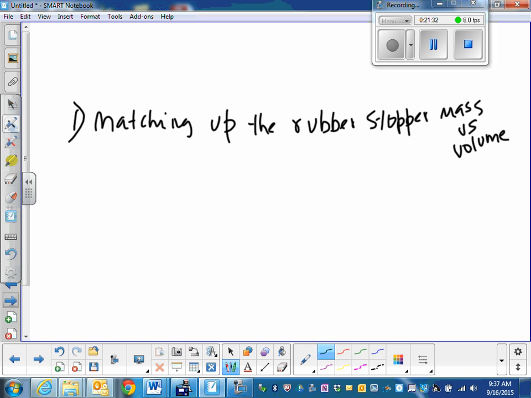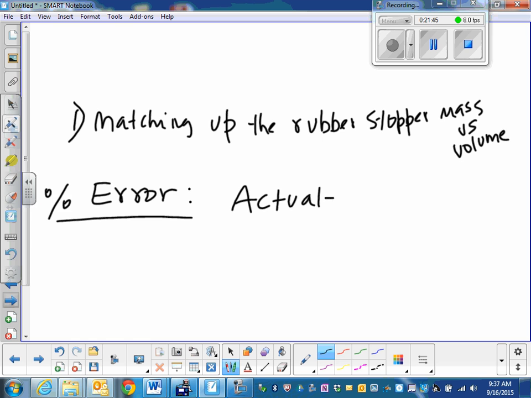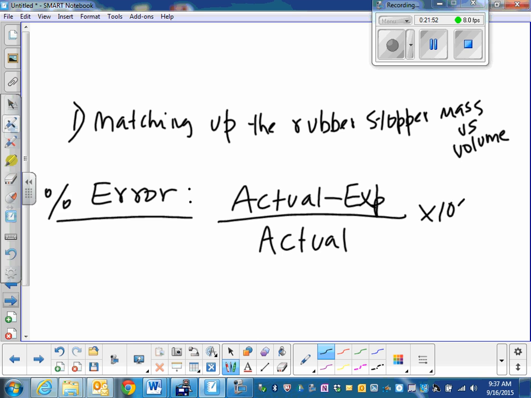You should know how to calculate percent error. Did I go over the formula for percent error with you? No? So it is actual minus experimental, divided by actual, times 100. Okay?